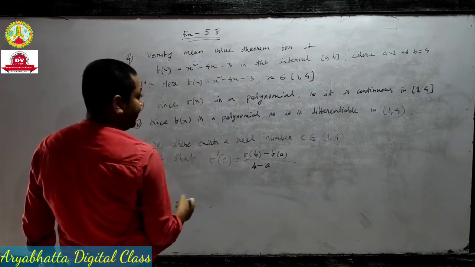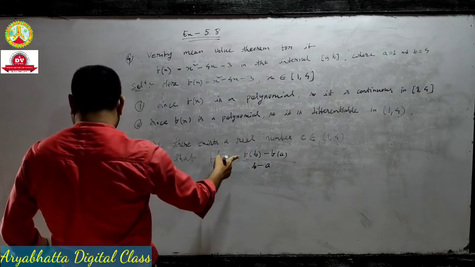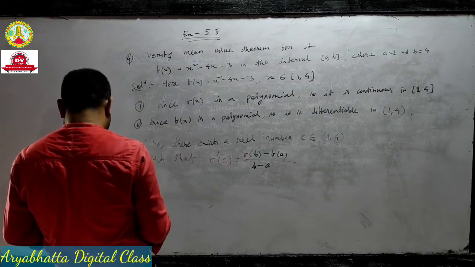So there exists a real number c belongs to open interval 1 comma 4 such that f dash c equal to f of b minus f of 1 divided by b minus a.